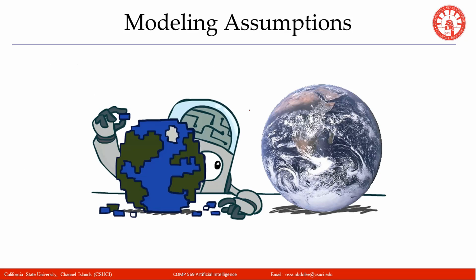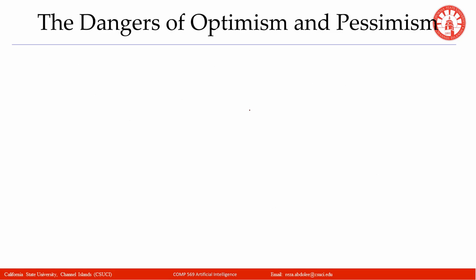All right, now common questions of modeling assumption. We talked about probability and how to calculate those probabilities, and therefore we need to come up with a model in our game to estimate those probabilities, or to calculate the value of the state to make our next move. And then we have a notion of optimism and pessimism in our modeling.